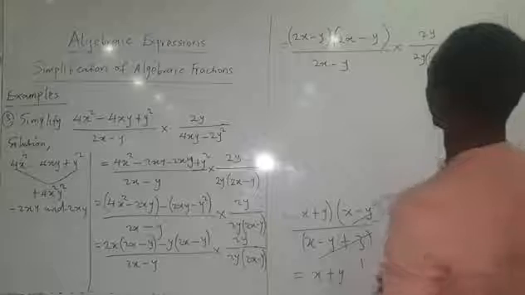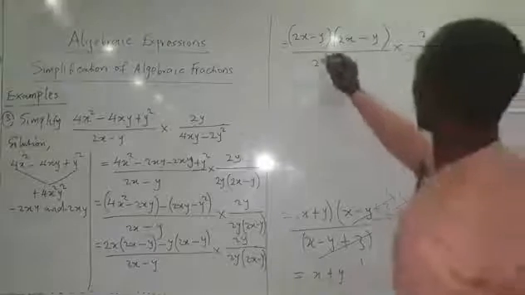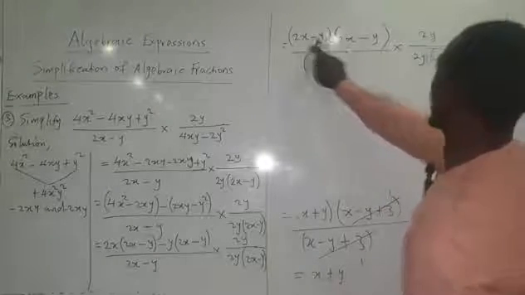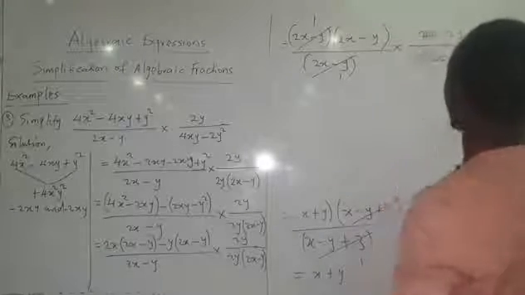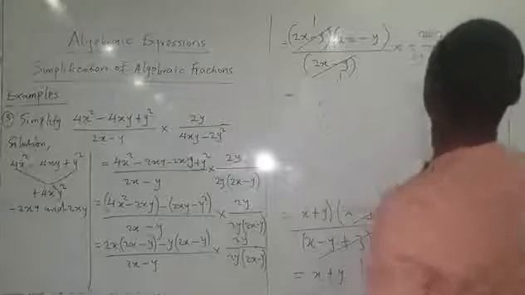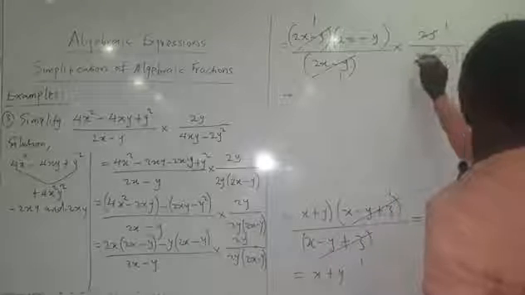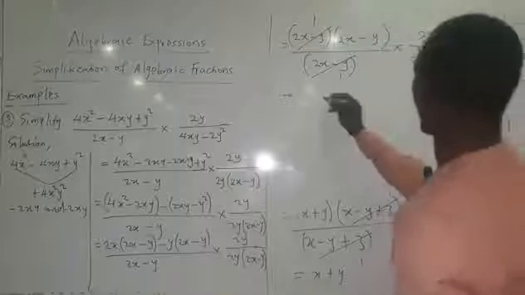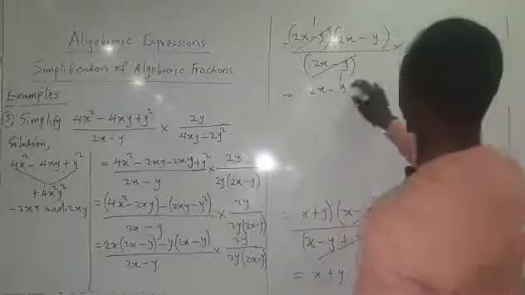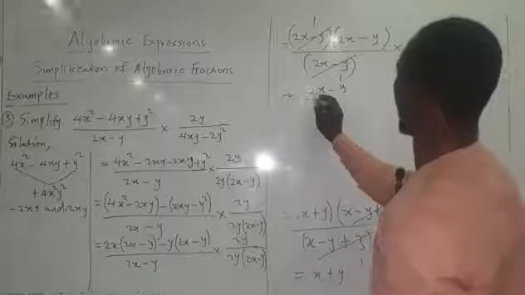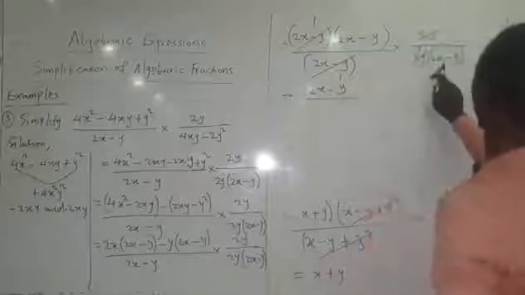So that's now what? So 2x minus y here, 2x minus y. So here 1, here 1. Then you are left with 2y here 1, 2y here 1. So you are left with 2x minus y times 1, all over 1 multiplied by 2x minus y.